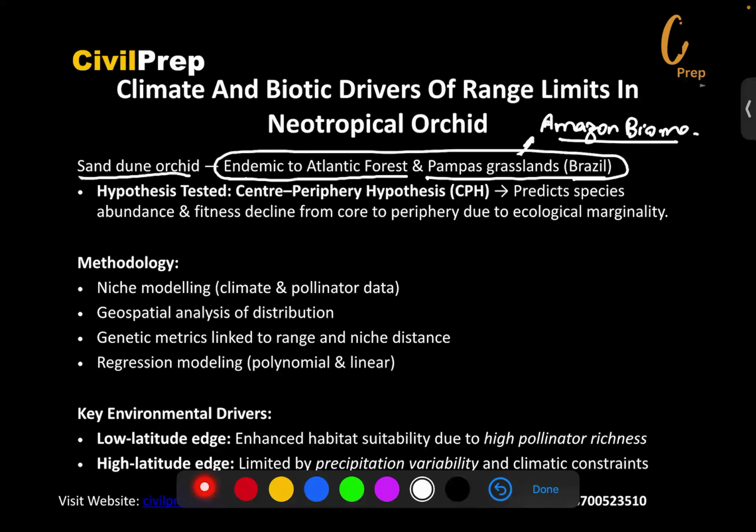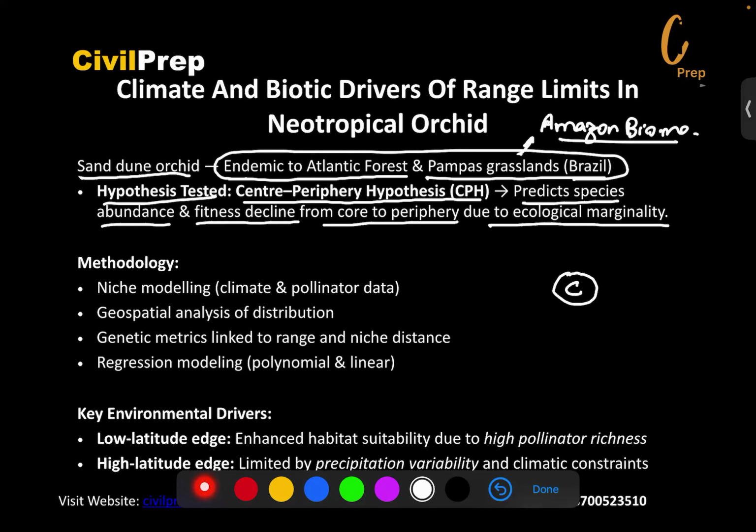Now, the hypothesis tested here is the center-periphery hypothesis, which predicts species abundance and fitness decline from core to periphery due to ecological marginality. For example, this is the core region, and as we go to the marginal area, here we have a region which is an edge region.